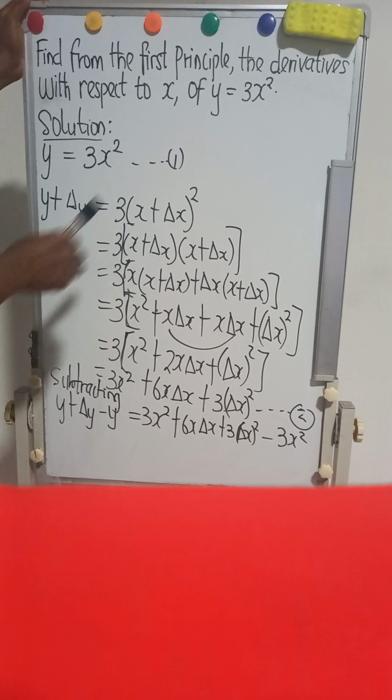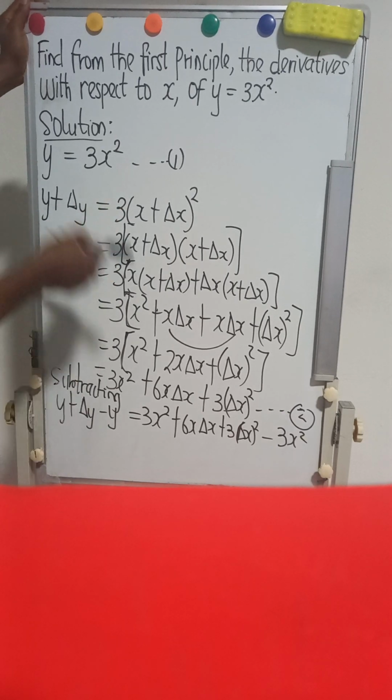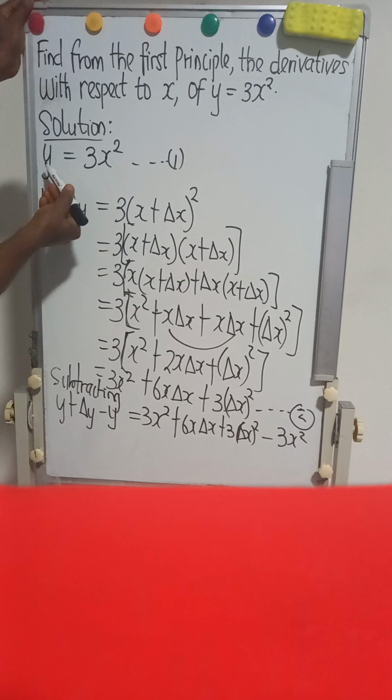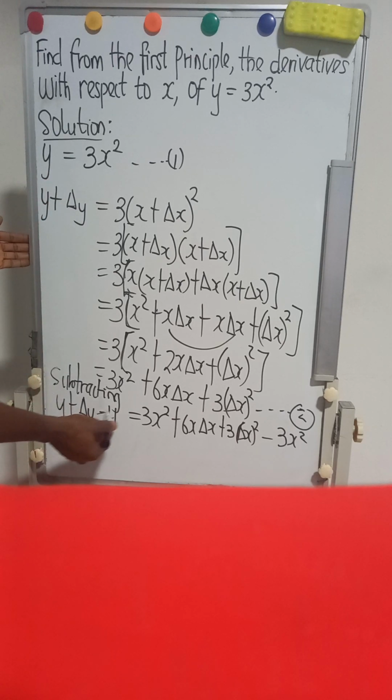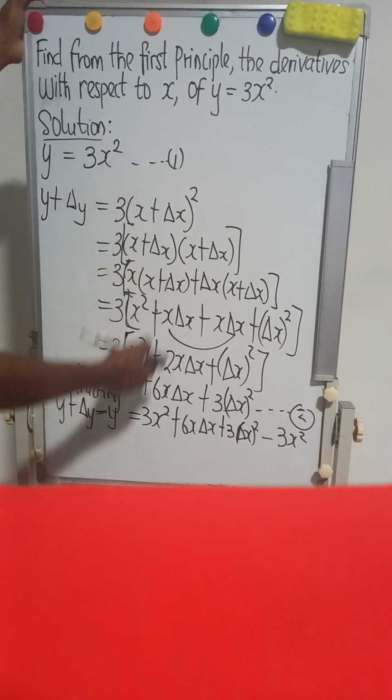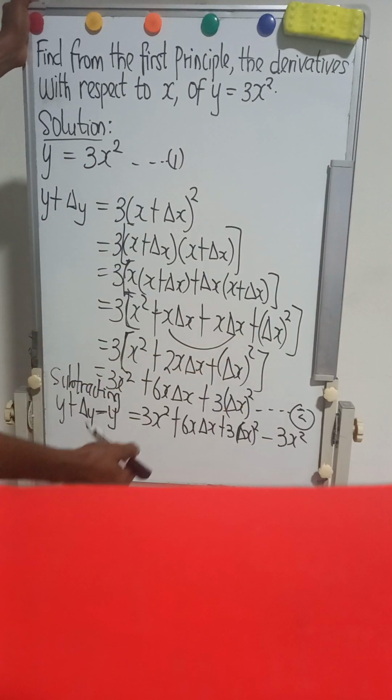Subtracting equation 1 from 2 means you subtract y from the left hand side, y plus delta y minus y, then subtract 3x squared from the right hand side, which we've done.